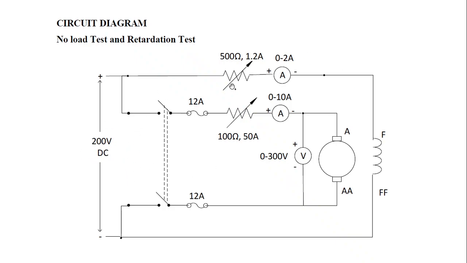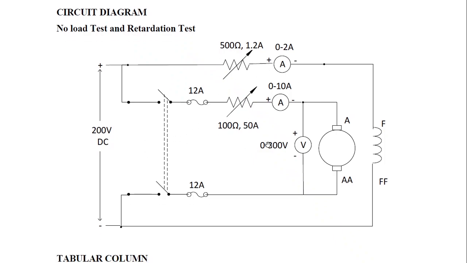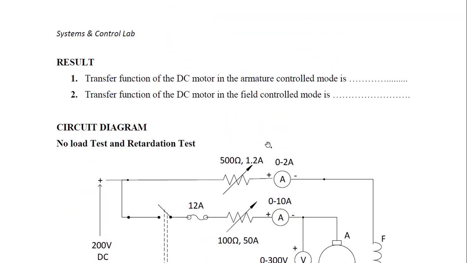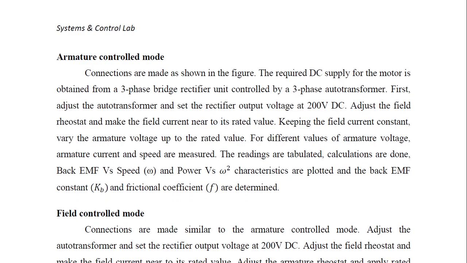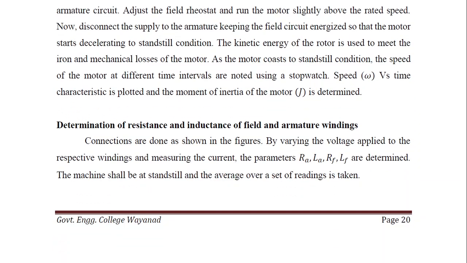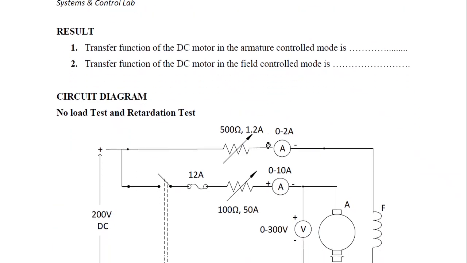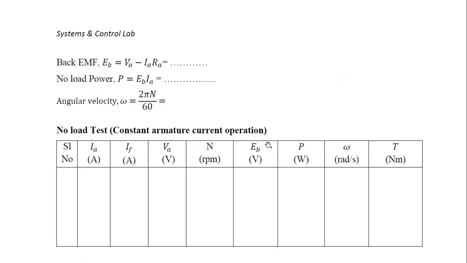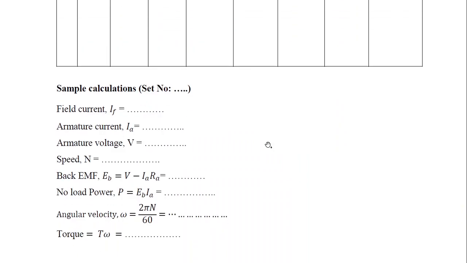Okay, and so the connections are made as per the circuit diagram, and then for no load test you have to keep in mind these initial conditions of the experiment.